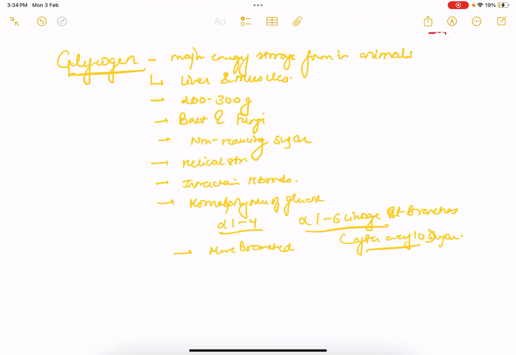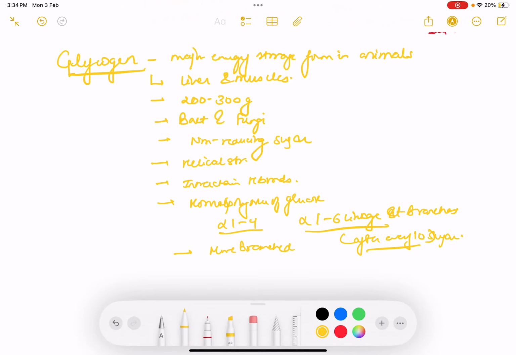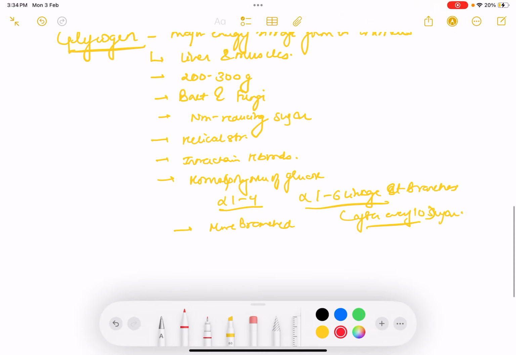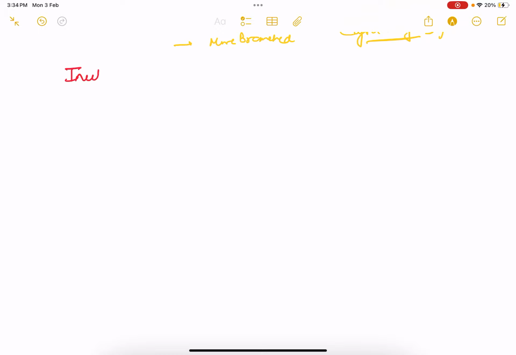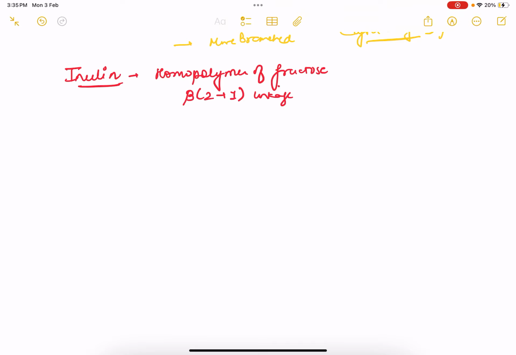The next energy storage form is inulin. Inulin is a homopolymer of fructose and the glycosidic bond is beta 2,1 linkage.